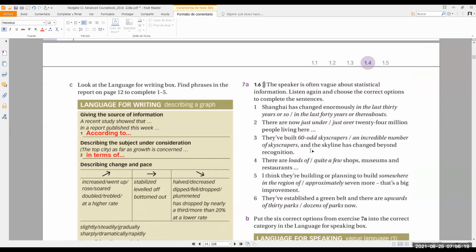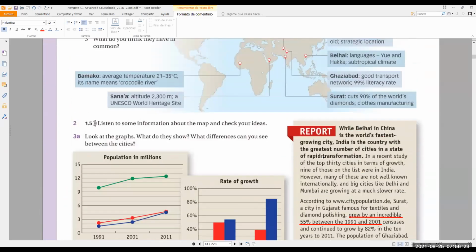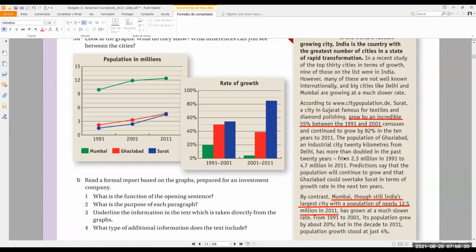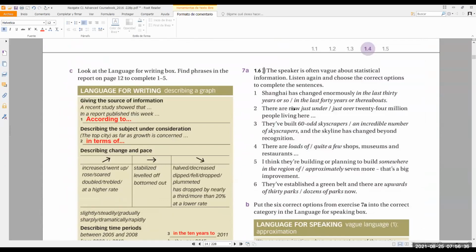In the first part of the lesson, when we were working on writing this report, we used lots of percentages and figures which were more accurate, more precise, let's say. But in this case, we are talking about language which is more vague, which means that it's not very specific, not accurate, let's say. So we're going to focus on that.